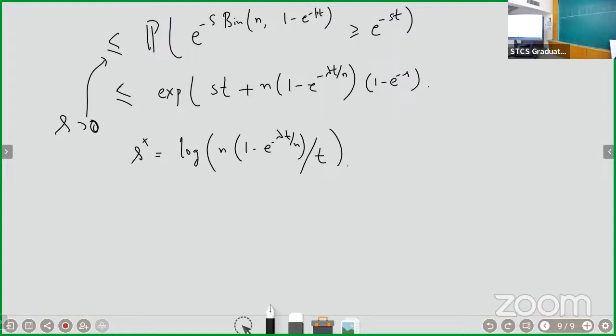What is this last line? Optimizing s star. It's normal to check something on s star. Or I can just simply plug it back in, and here is my bound.